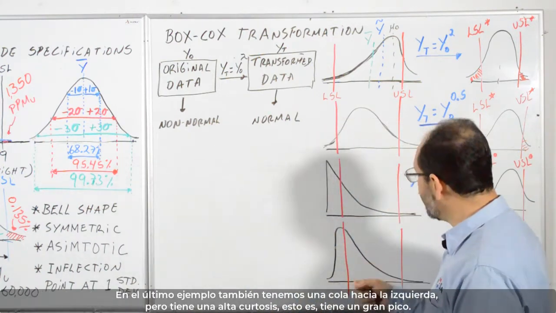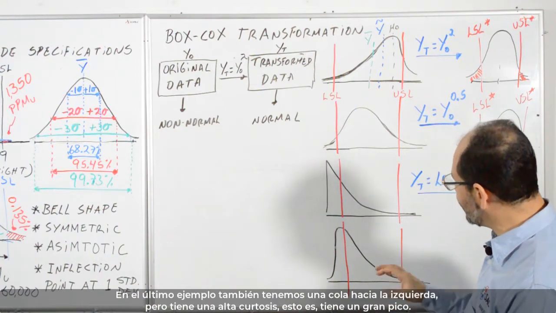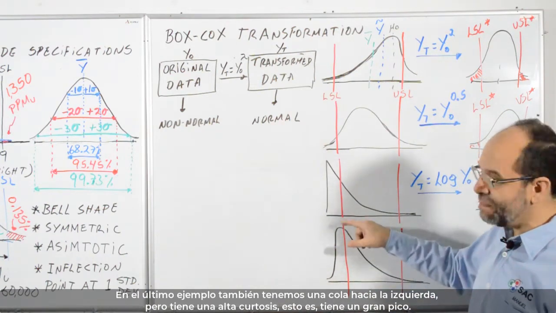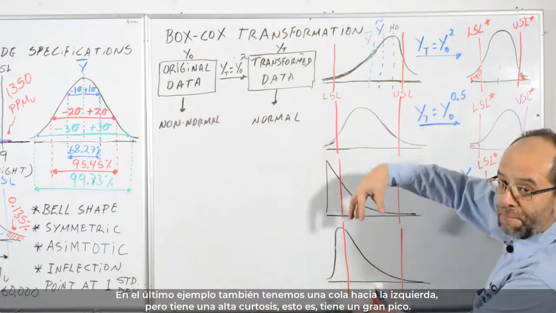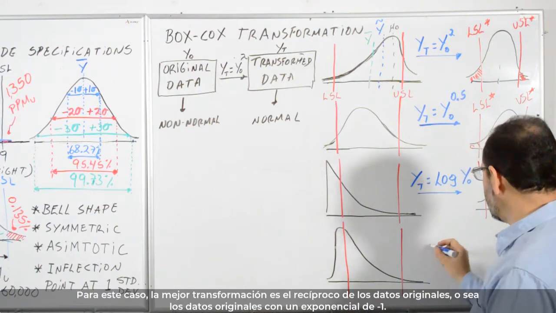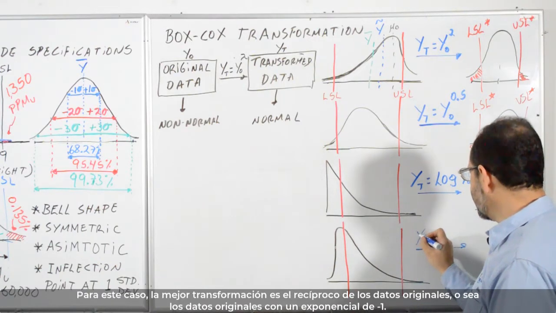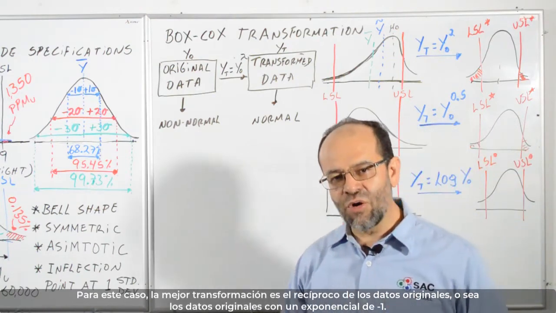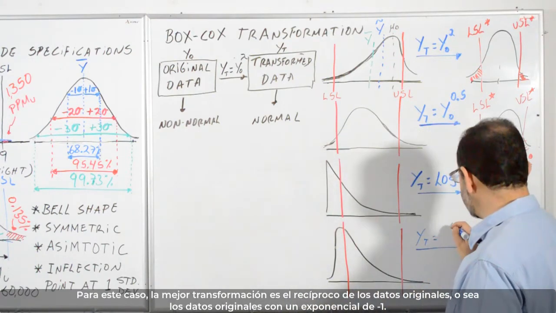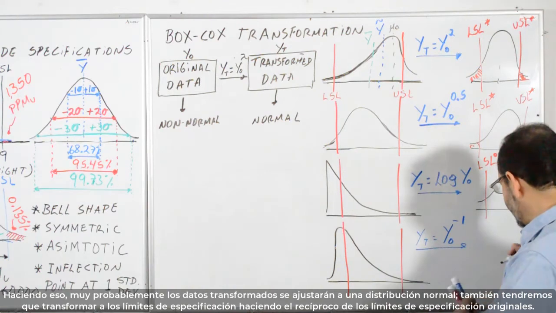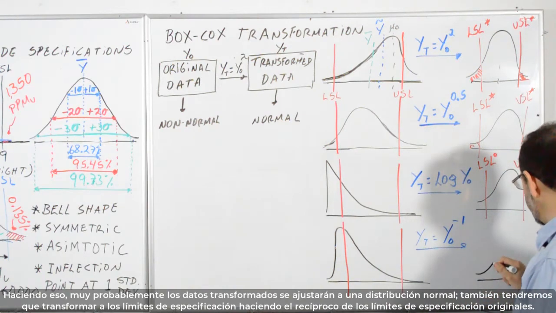Or if you have something like this one, which is also a tail to the right, but there is a very big kurtosis, a very big peak here. If that is the case, perhaps the best transformation is 1 over the original data. That means, for instance, the original data to the power of -1. And that will very likely become a normal distribution.